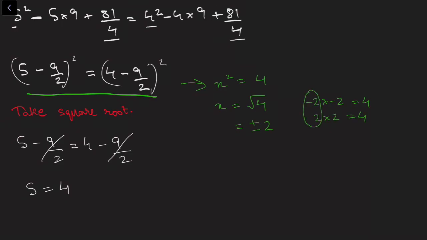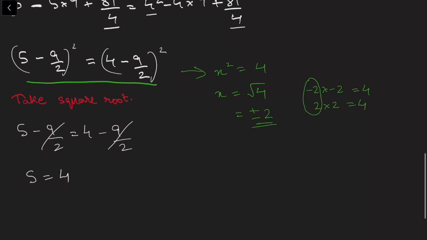So actually both these answers are correct over here, and that's what we should do here too. So this will actually be 5 minus 9 by 2 is equal to plus or minus 4 minus 9 by 2, and that's where the whole thing goes wrong.